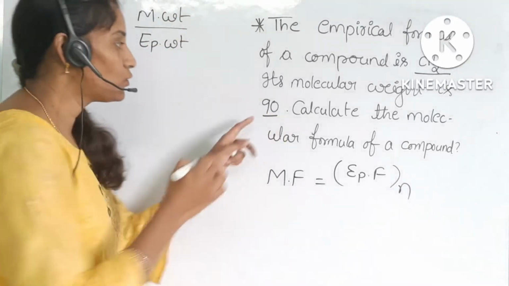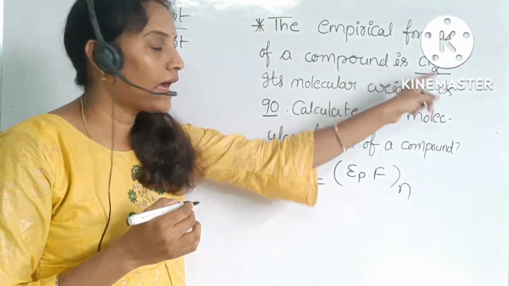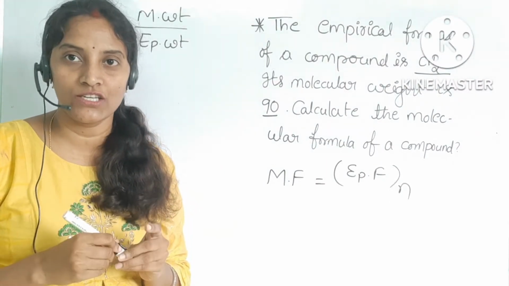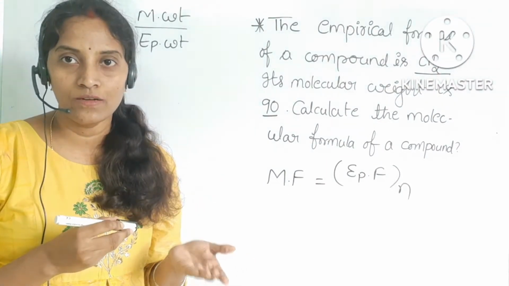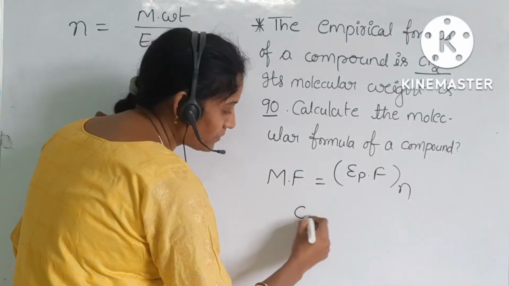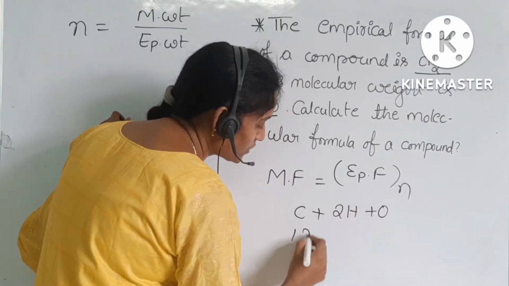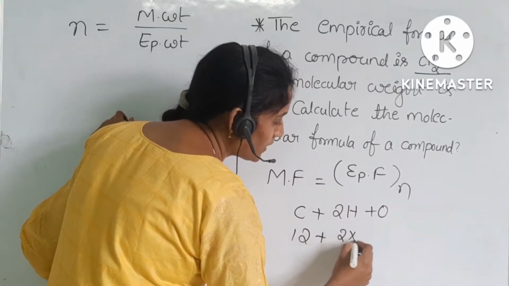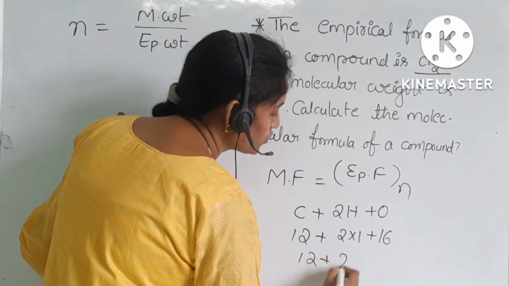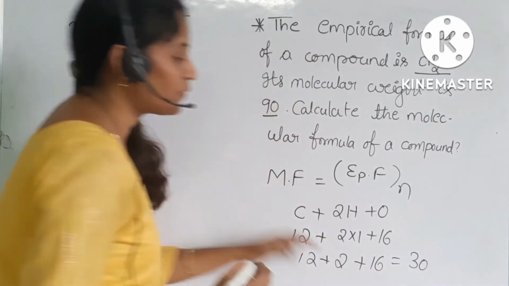We already know the molecular weight is 90. We have the empirical formula. From this empirical formula, you should calculate its empirical weight. Empirical weight you can calculate here: carbon plus 2 hydrogens plus oxygen. So carbon is 12 plus 2 into 1 plus 16. So 12 plus 2 is 14, plus 16 gives you 30. Empirical weight is 30.